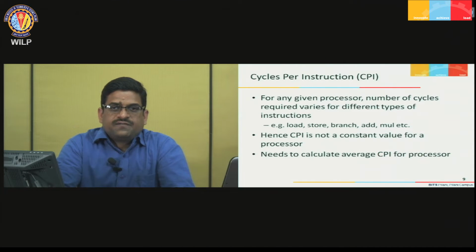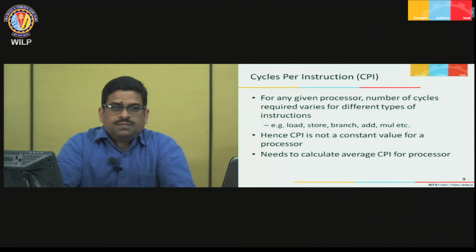Now the another factor which is used in measuring the performance of the computer or performance of the processor is the cycles per instruction. We know that for any given processor, the number of cycles required varies for different types of instructions.